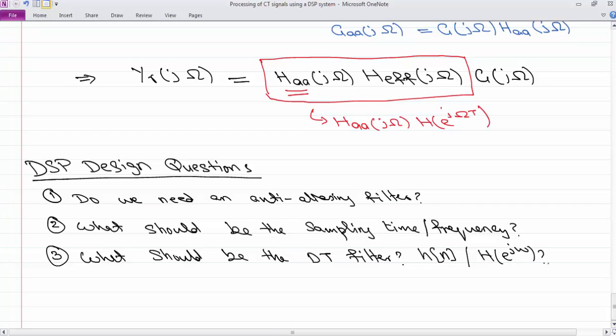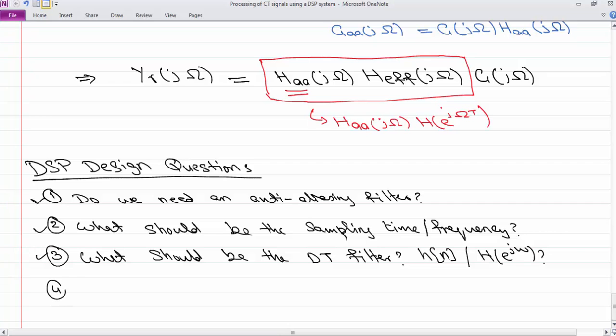And again, the discussion today helps us address that answer. If, for example, we are interested in doing low-pass filtering of our signal, then we know that our discrete time filter must be a low-pass filter also. All we have to do is an appropriate scaling of the cutoff frequency. Okay. So we have addressed all these 3 points.